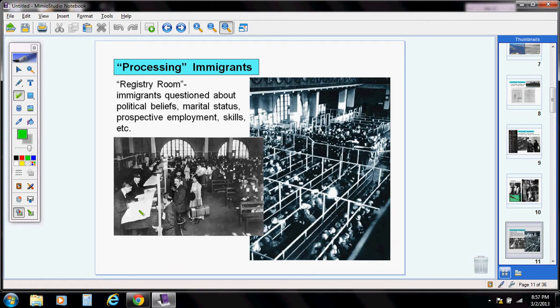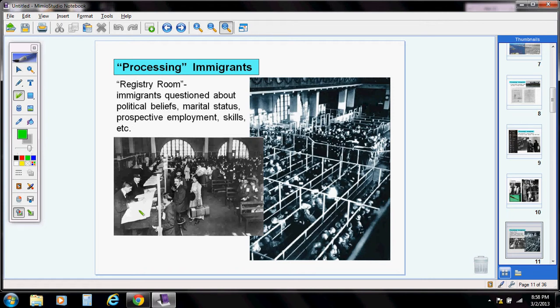Were you married? Women who were unmarried would not be allowed to leave the island unless they had a sponsor. Maybe a brother was coming, maybe your husband was already in the country, but they would not let single women loose in the city. Any prospective employment, you had to be really careful about answering that because American employers were not allowed to recruit overseas for cheap labor that would take an American job.